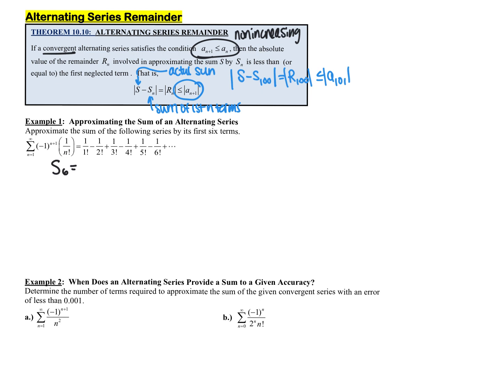These are factorials. So 1 over 1 factorial is just 1. 1 over 2 factorial is 1 over 2. 1 over 3 factorial is 1 over 6, 3 times 2 times 1. 1 over 4 factorial is 1 over 4 times 3 times 2 times 1, or 24. 5 factorial is 120. 6 factorial is 720, so 1 over 720.